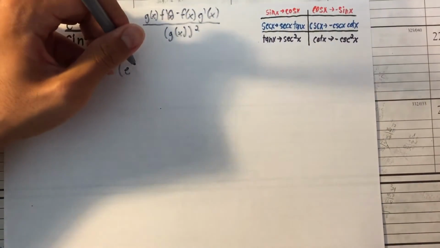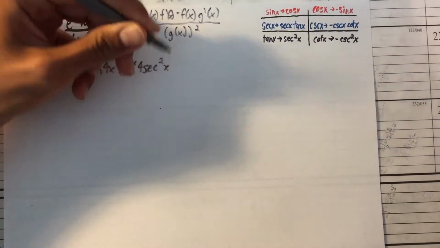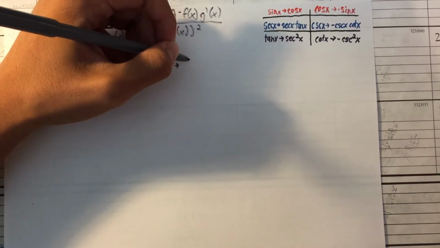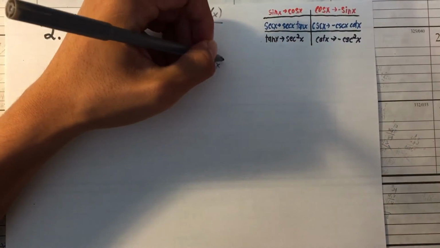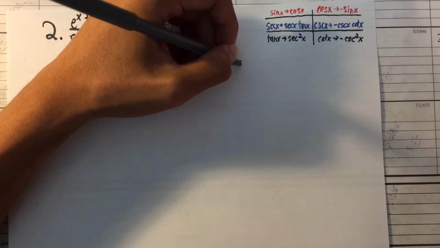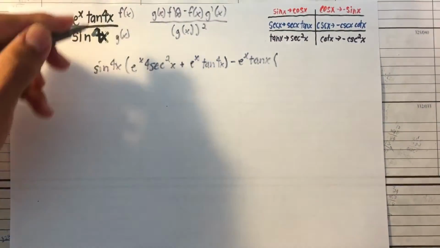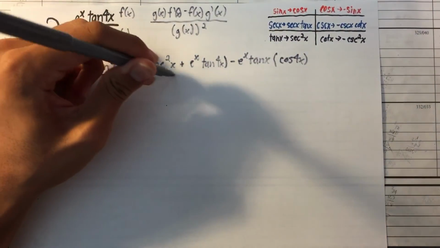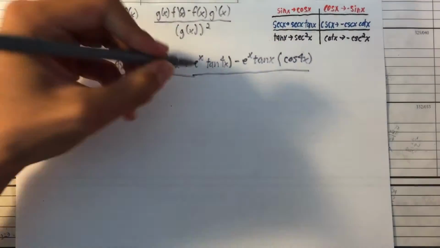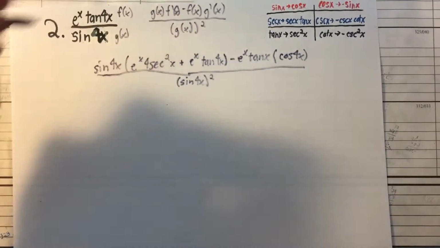So we're going to get e to the x times 4 secant squared x plus e to the x tangent 4x, and then the other part will be e to the x tan x times the derivative of the bottom, so the derivative of sine 4x, which is cosine 4x. And like I said, this is all going to be over g of x squared, so that's all over sine 4x squared.